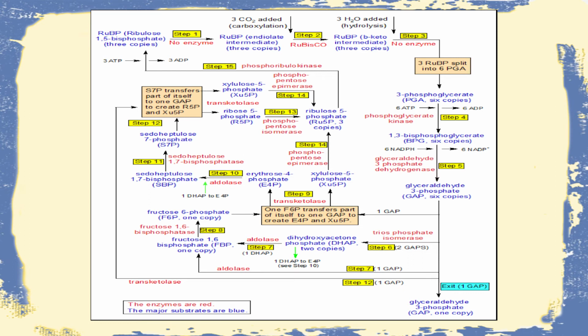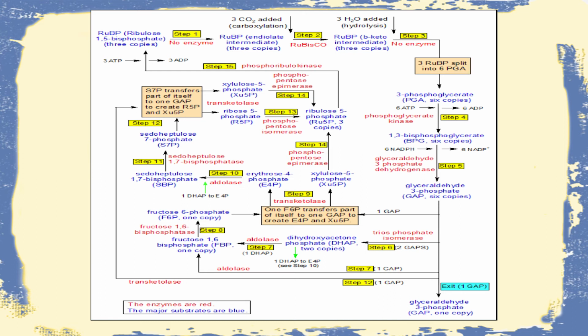And this DHAP, along with another GAP, in the presence of aldolase enzyme will produce fructose 1,6-diphosphate.